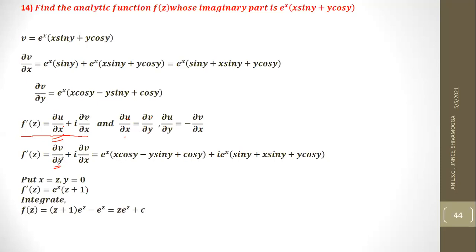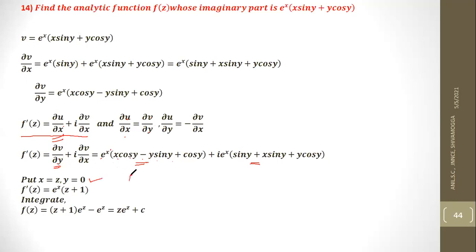Substitute. Del v by del y is this function, e power x into x cos y minus y sin y plus cos y, plus i into del v by del x. This is del v by del x. This is the second working group. Both the partial derivatives are substituted. Next, third, put x is equal to z and y is equal to 0.